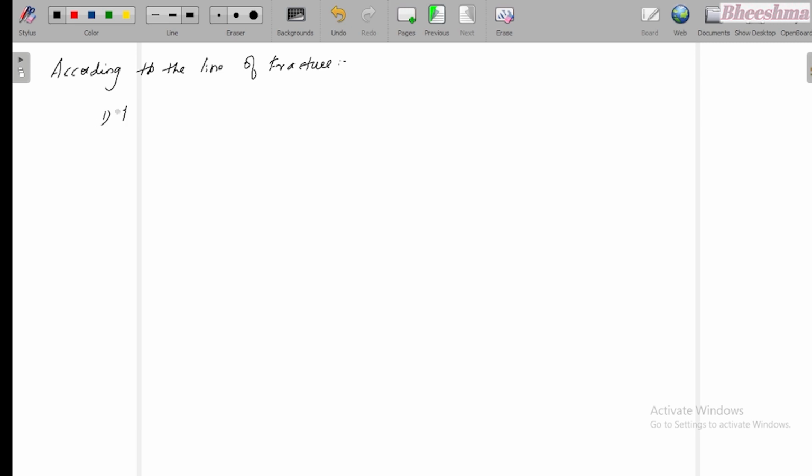Here first one is transverse fracture. Second one is oblique fracture. Third one is longitudinal fracture.